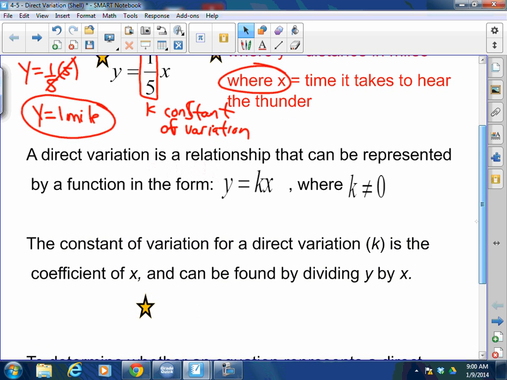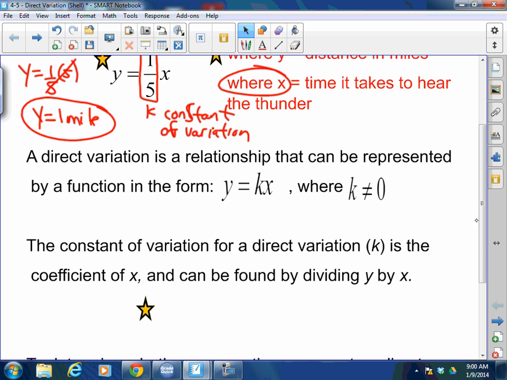Now, the constant of variation for a direct variation, k, is the coefficient of x. Coefficient, remember, is the number being multiplied to x. It is the slope of this function and can be found by dividing y by x. So if I need to find k, I just divide y by x, and then I will find my k.